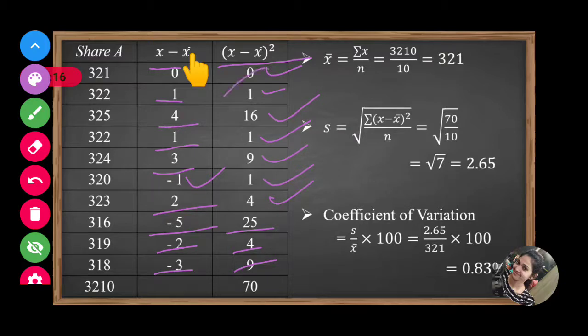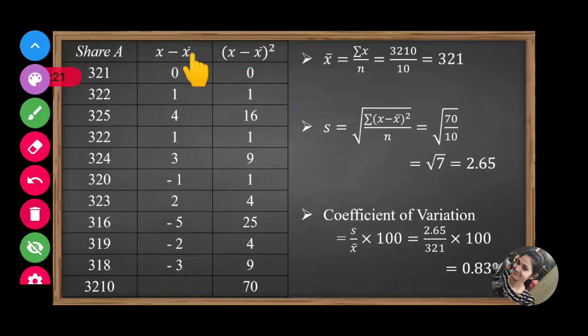Now do the total of this entire column: 0 plus 1 plus 16 plus 1 plus 9 plus 1 plus 4 plus 25 plus 4 plus 9. So you will get the final answer of summation of sigma x minus x bar whole square as 70. Apply this value in the formula.